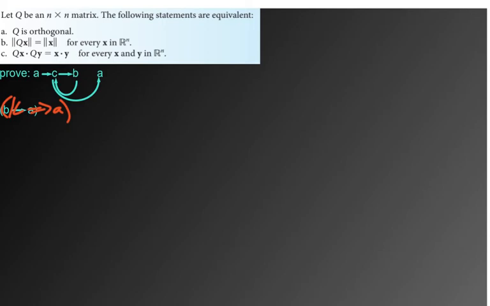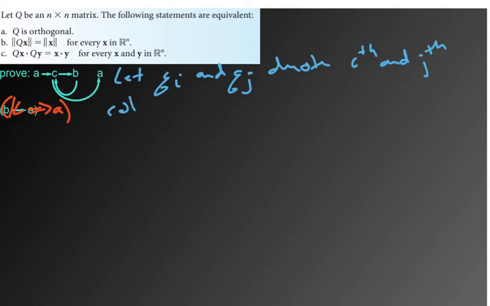So what we're basically going to do is denote, oops, that's not the letter L. Let Q sub i and Q sub j denote the ith and jth columns of Q, respectively, right?